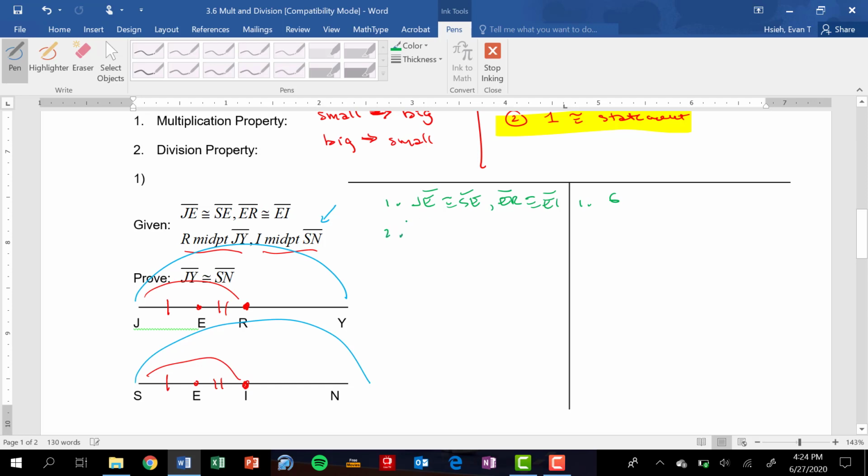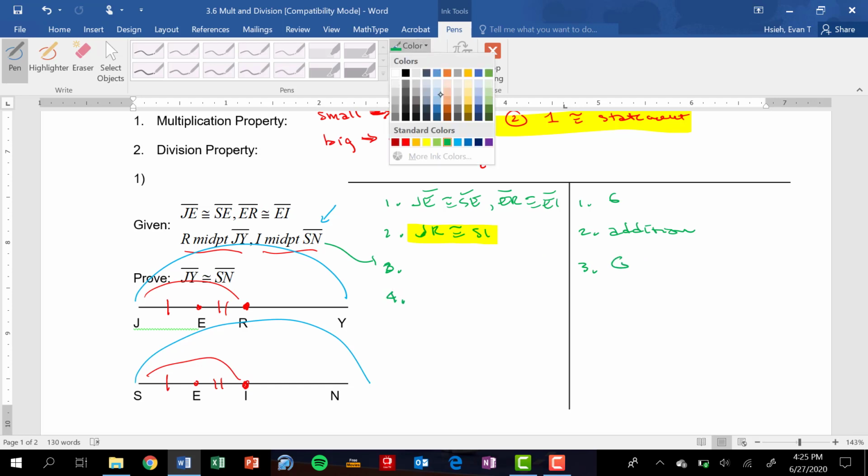Given. Step 2, JR is congruent to SI by addition property. That gives me my congruent statement. And then step 3, I got my two midpoint statements, just given.